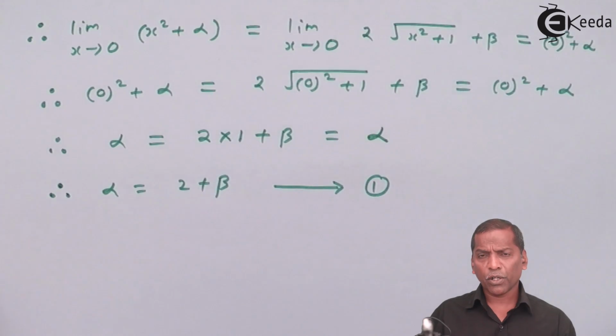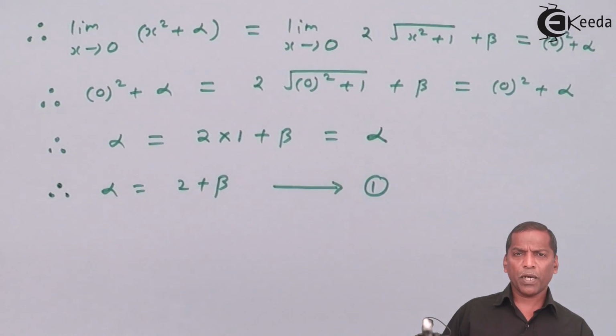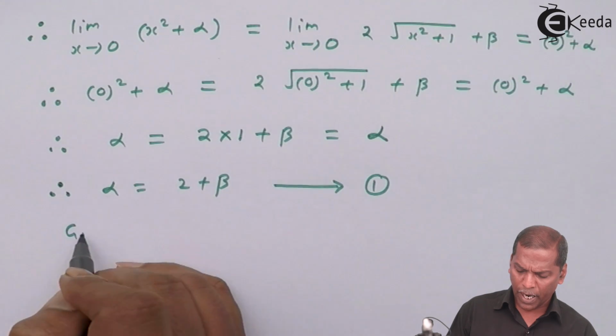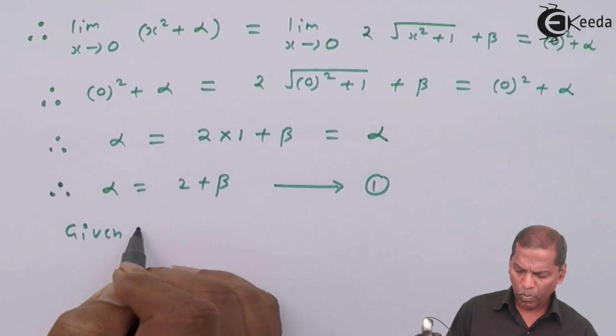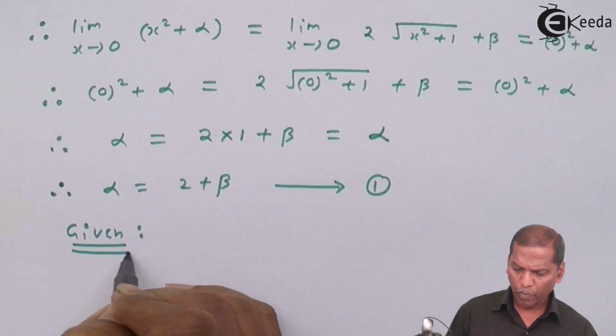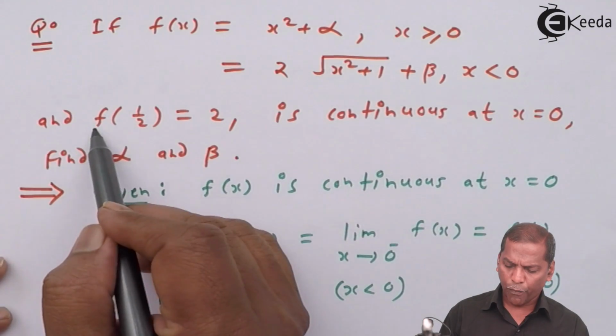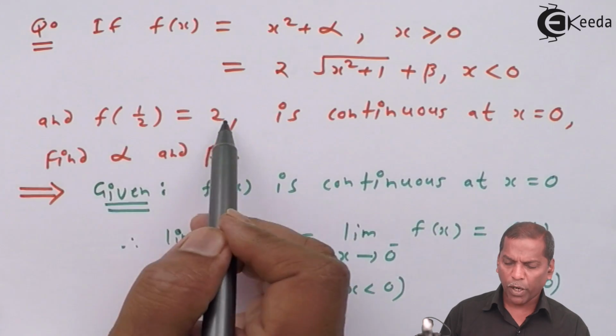Now in this question we have to find alpha and beta. So a second condition is also given, that in the problem we have f of 1 by 2 is equal to 2.